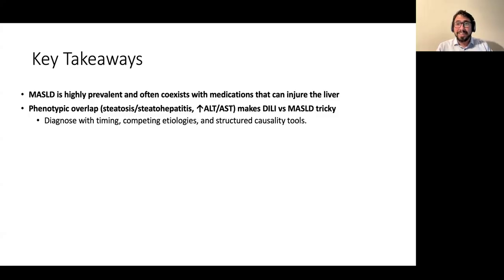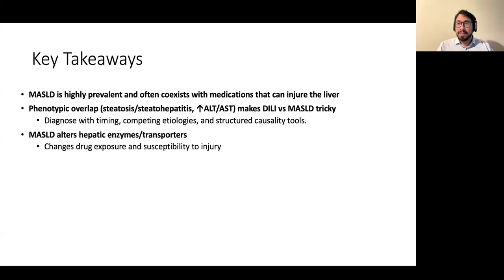So that can be challenging and probably requires a refinement in the 2023 criteria. MASLD can also affect hepatic enzymes and transporters, so that can modulate the drug exposure and susceptibility to injury, specifically medications that are linked to drug-induced steatosis.